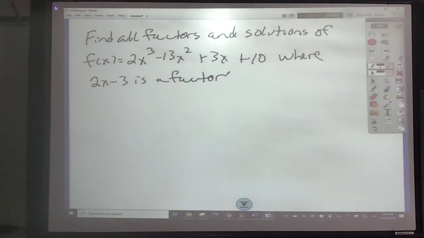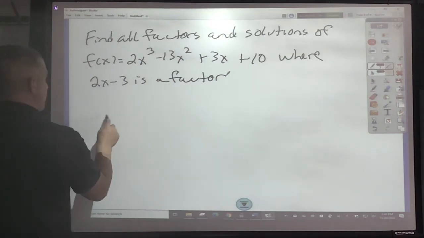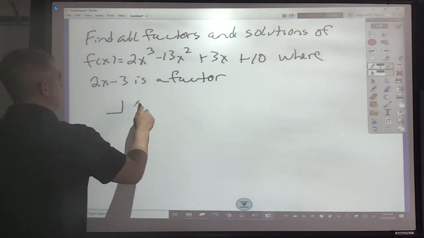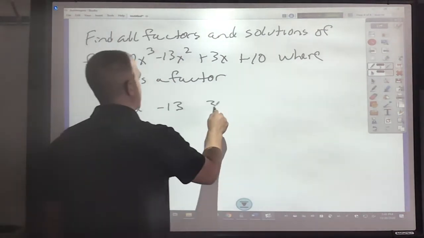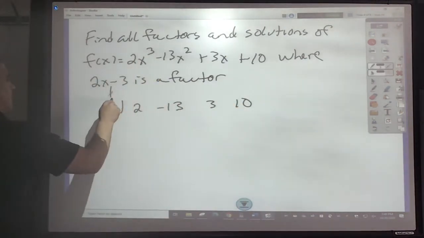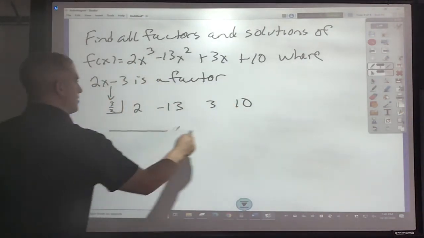So what I would do, I've got my synthetic division, 2, negative 13, 3, and 10. What's going to go in here would be 3 over 2.